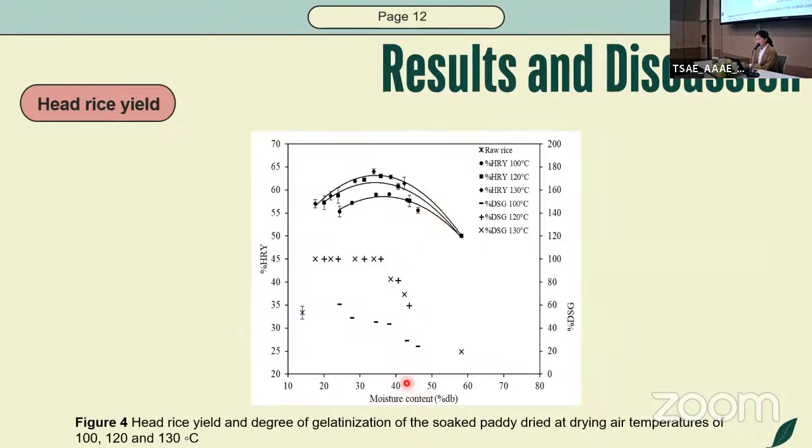However, if we decrease the moisture content below 30%, the review will be dropped because of the penny export decrease too long.